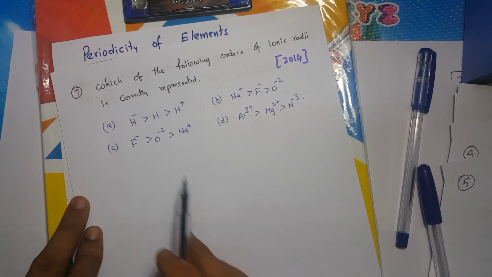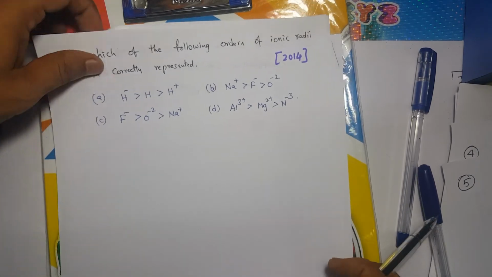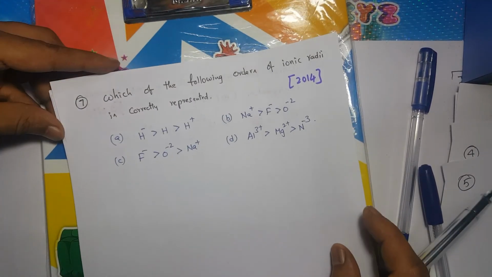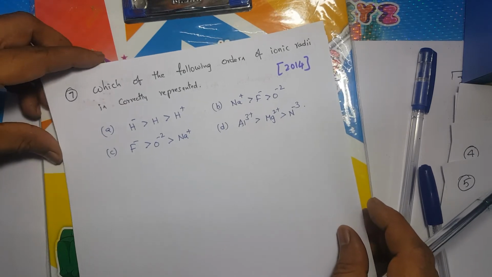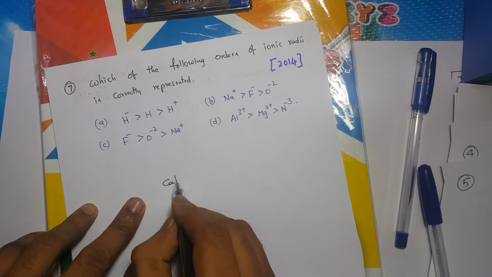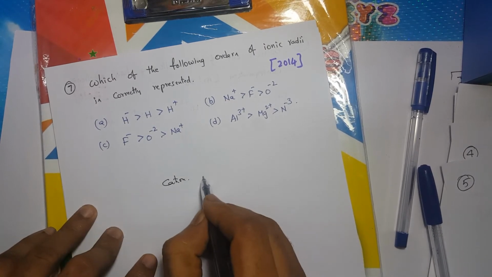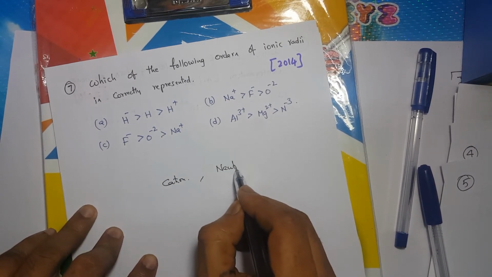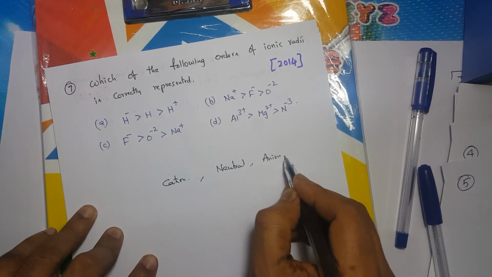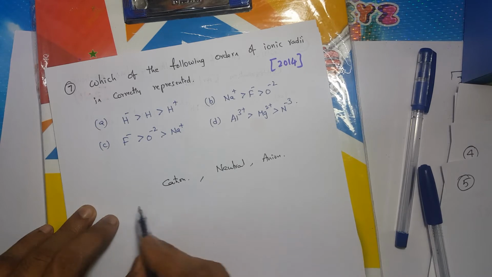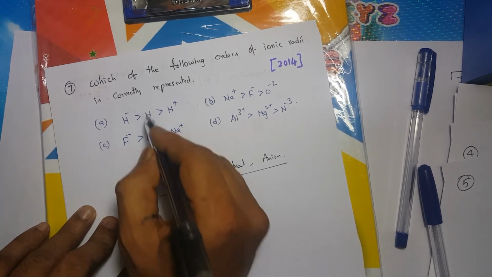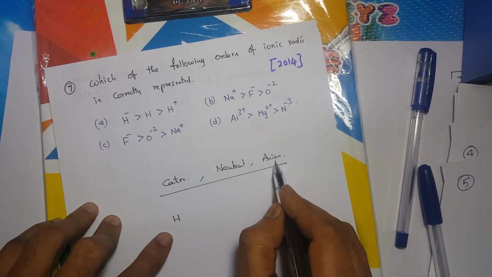Next one. Which of the following represents ionic radii is correctly represented? That means they have mentioned, which one is the correct representation. So, you have to remember that always the cation is smaller. If you have cation, neutral atom and anion for the same species, for example, neutral atom, they have mentioned hydrogen, the anion is always bigger.